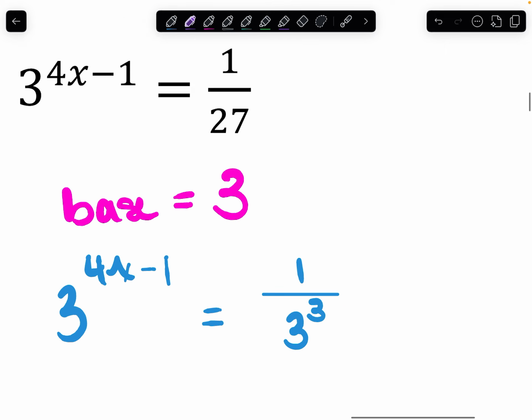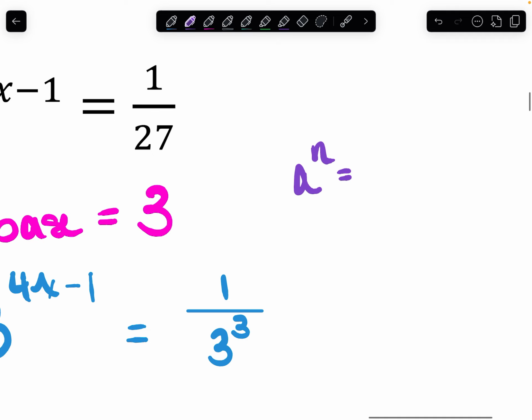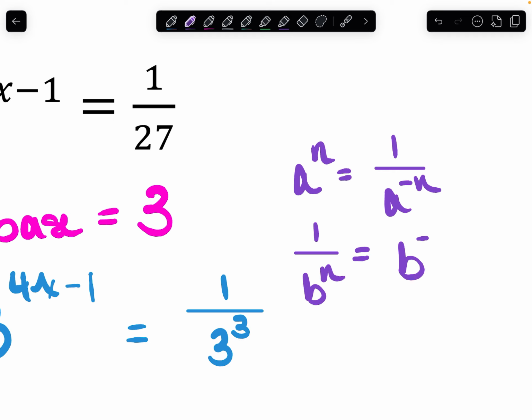In order to get it out of the denominator, we need this exponential property. There are 2 ways to write this exponent property. A to the n is equivalent to 1 over a to the negative n. Or vice versa, 1 over b to the n is equivalent to b to the negative n.